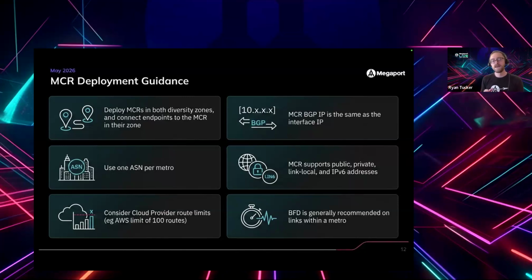If you start to have very long links, especially high latency links, like a link from Sydney to London where you're looking at triple digits of latency, BFD can sometimes be more of a hindrance because it can occasionally trigger false positives and flaps unnecessarily. So generally, I would suggest enabling BFD within a metro. Often disable it if you're going outside of a metro unless you're quite close by.